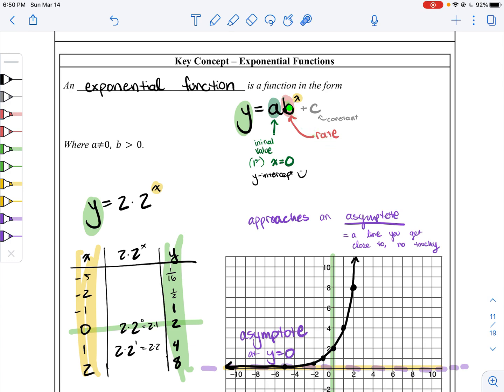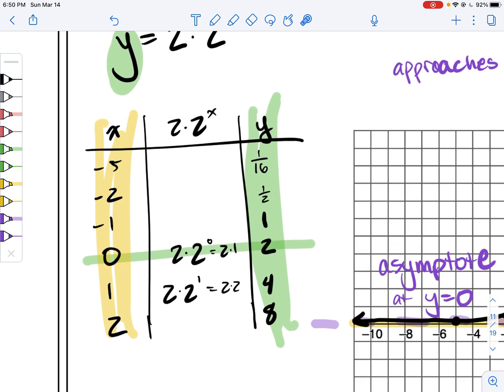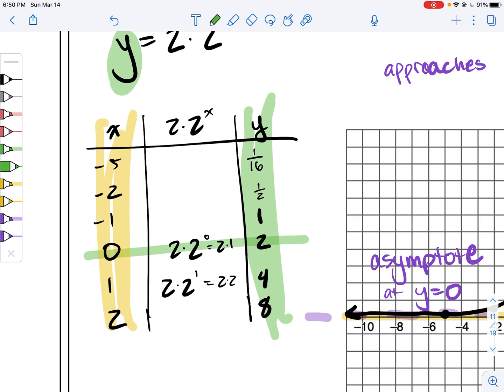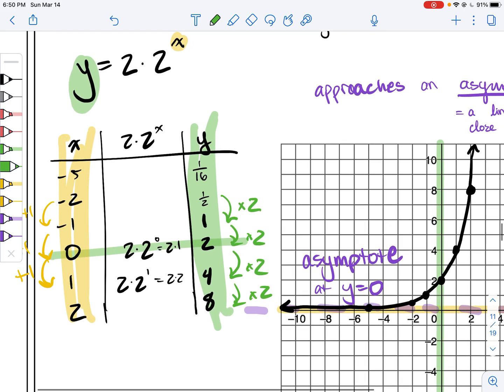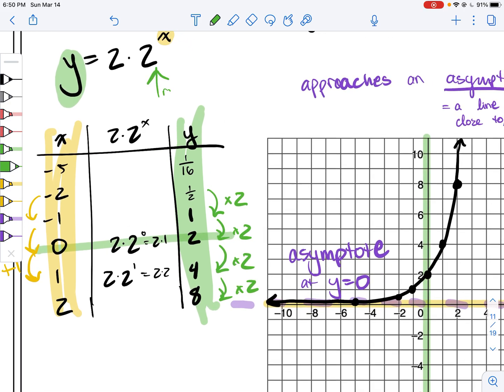B was a rate. Is it increasing at the same rate? Here, when x increased by 1 every time, y didn't increase by the same amount, it multiplied by the same amount because it's a rate. Rate is multiplication. So you get the times 2 every time because that's the rate.